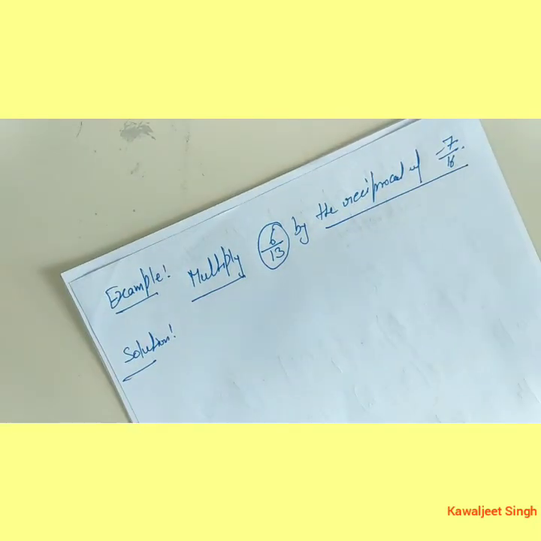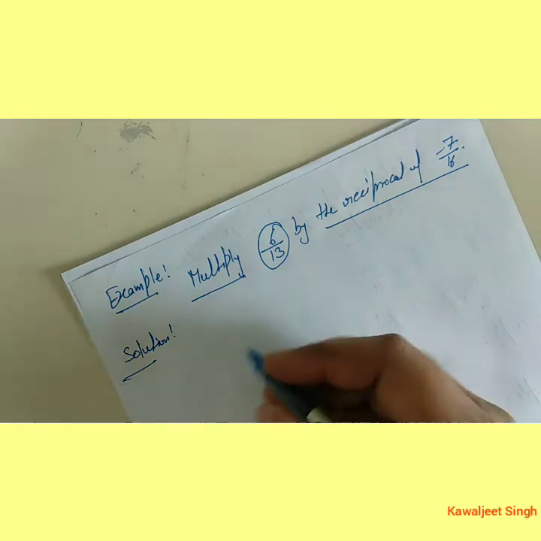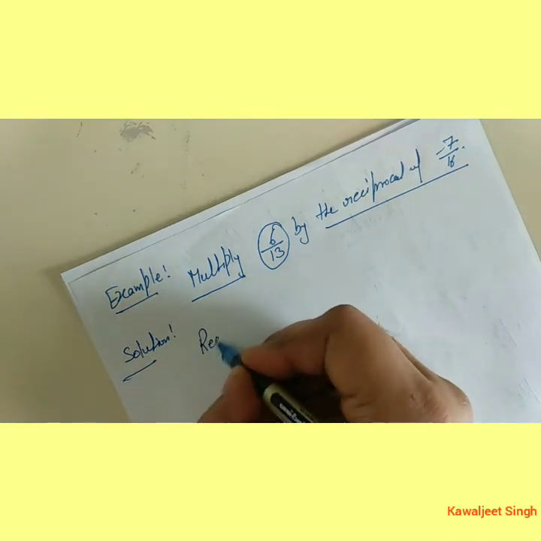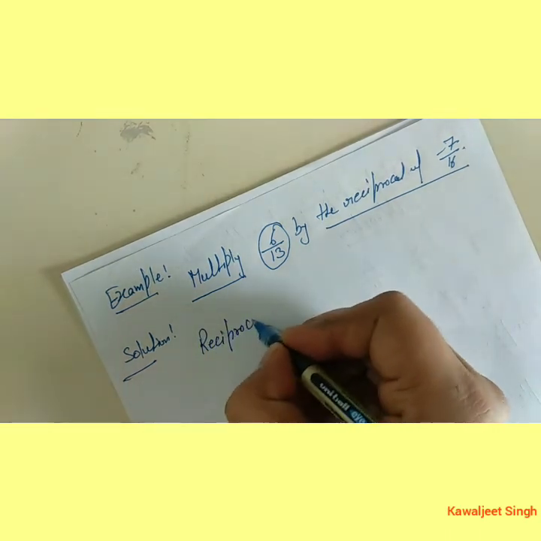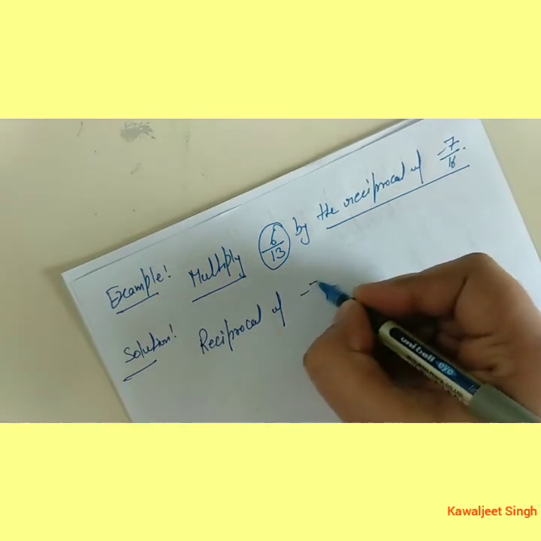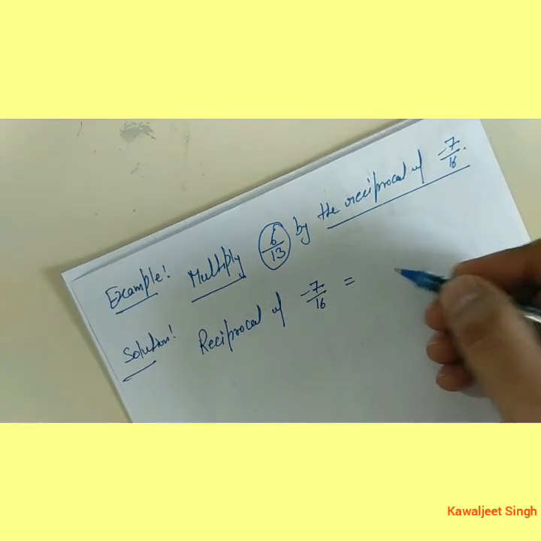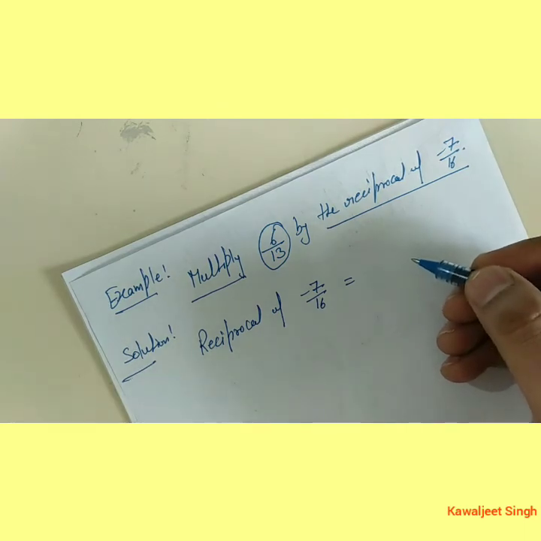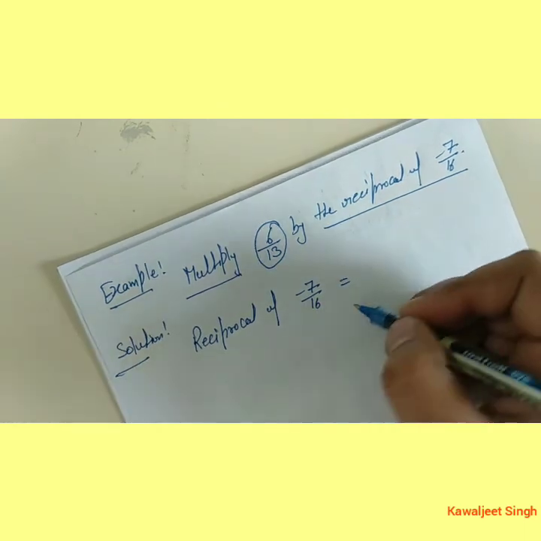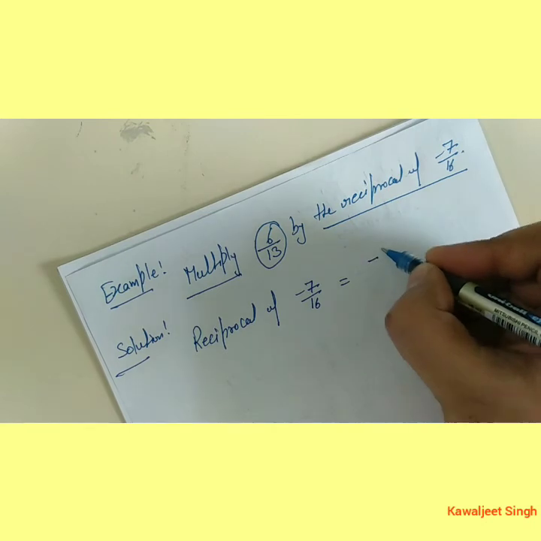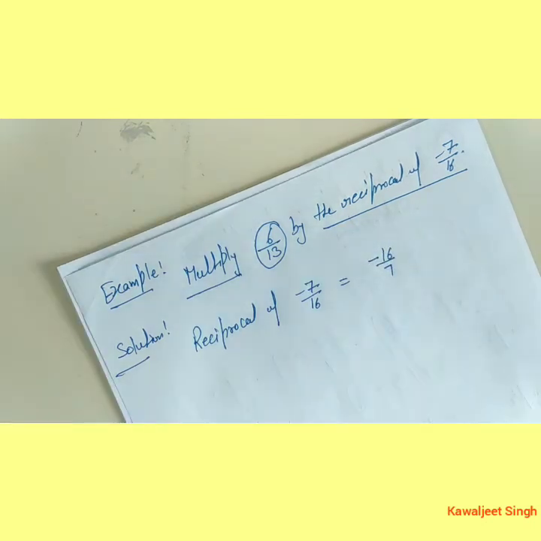of minus 7 by 16. So we need to firstly find the reciprocal of minus 7 by 16. The word reciprocal is very clear: just convert the numerator into the denominator and the denominator into the numerator. So it becomes minus 16 by 7 here.